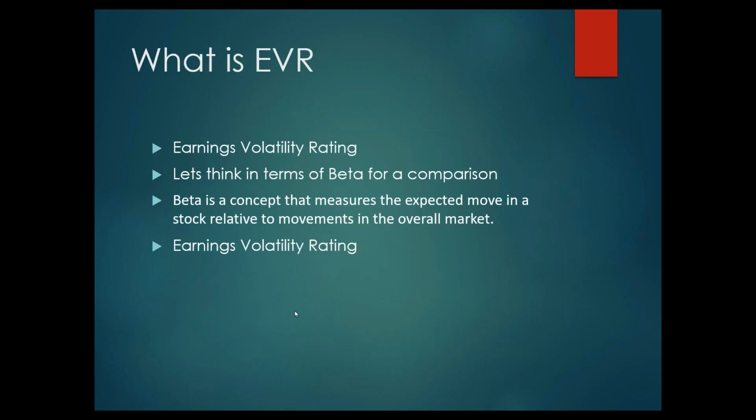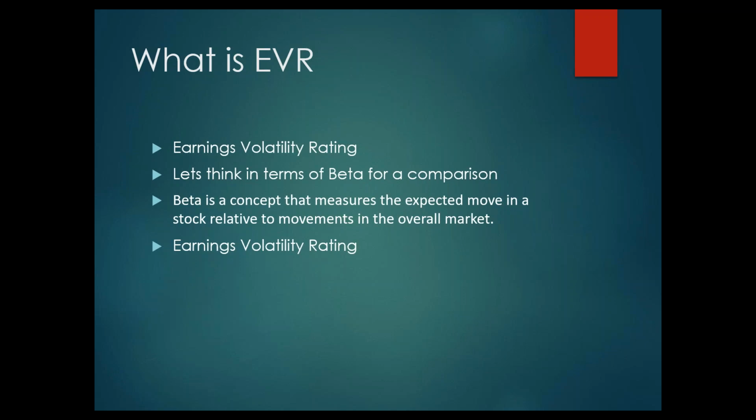What is EVR? Earnings volatility rating is something that we designed at optionsland.com. Think of beta. If you think of beta, most traders understand what beta is. Beta is a comparison that measures a stock's volatility to the S&P 500.